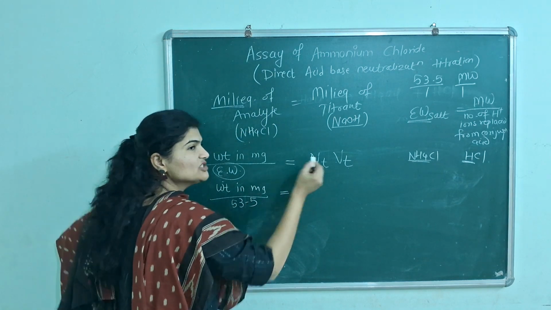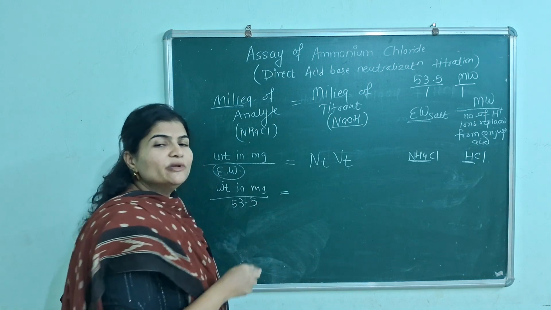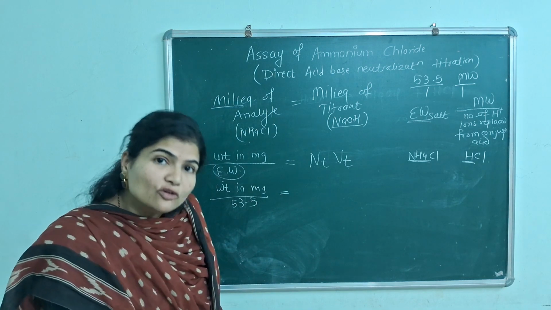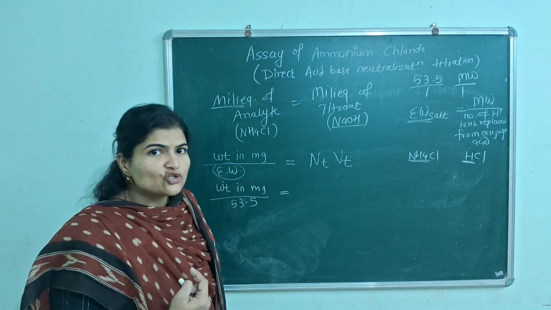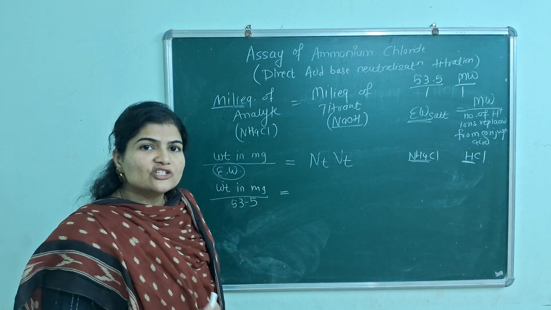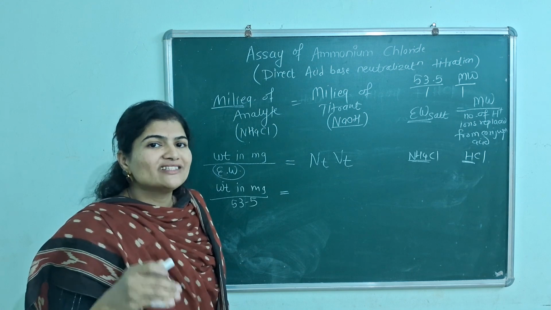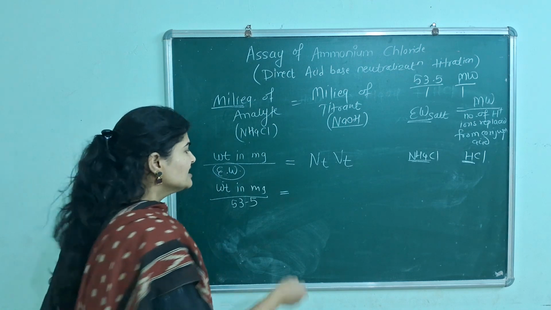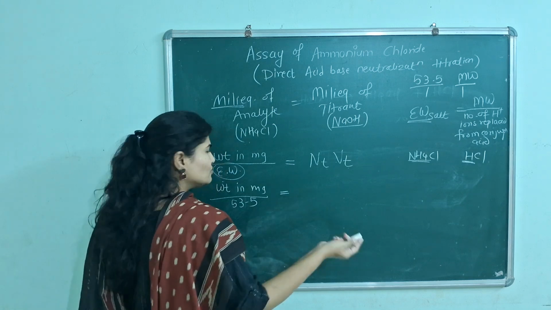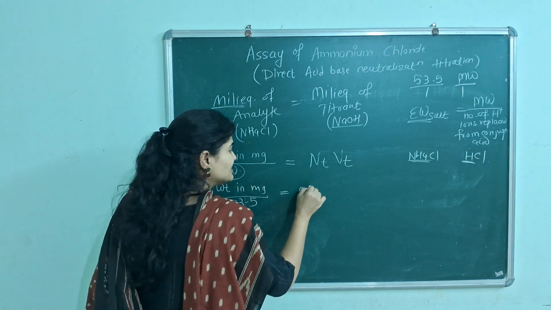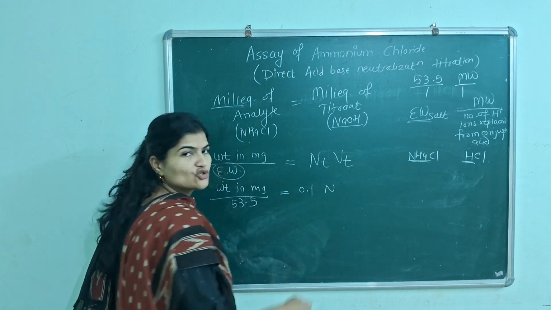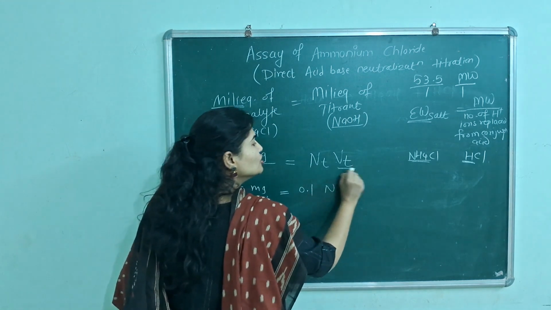Now NT means normality of titrant, which should be exactly known, and for that only I have done the standardization of NaOH. At the end of standardization I have come to know what is the actual normality of NaOH. That value I'll put here. Okay, for the sake of calculation I'll say 0.1 normal is my actual normality. And what is the volume of titrant?